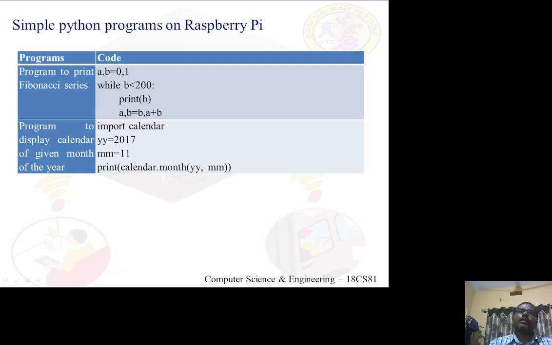Then under the class calendar, there is a method month. I can pass it as an argument to the print statement. So these are some simple Python programs on Raspberry Pi.